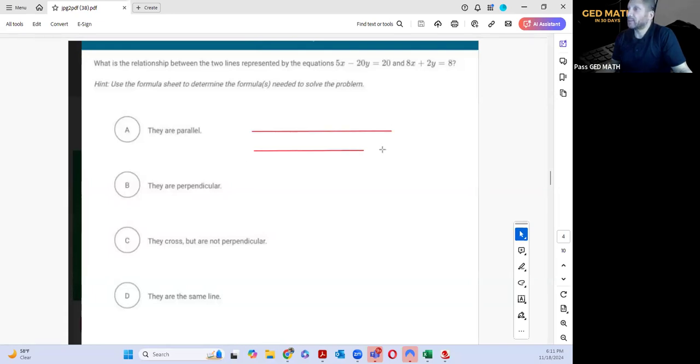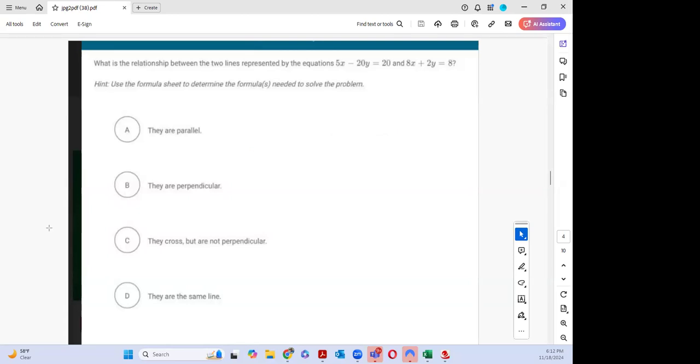Parallel lines are two lines that will never cross. The reason they never cross is because they have the same slope. So it is associated with slope, but it's not slope. Parallel lines are lines that will never intersect because they have the same slope. Everybody got that?